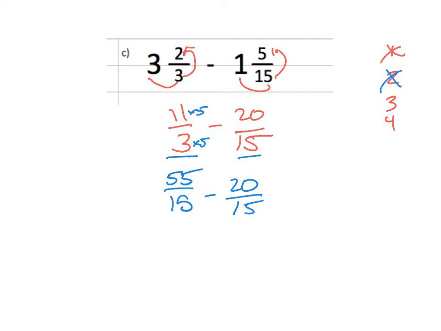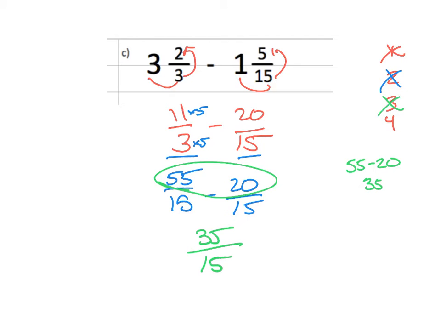Step 3, we are going to subtract our numerators. 55 minus 20, I believe, gives me 35. And the denominators stay the same. Done with step 3. Step 4, we are going to simplify. 35 divided by 15. How many 15s come out of 35?